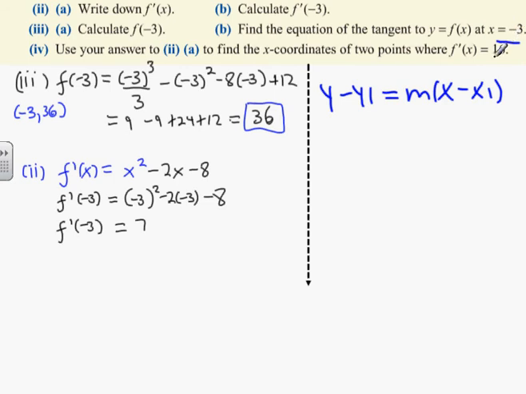You have to have a point. So we have a curve and we're told specifically that the point has to be what? It has to be where x is minus 3. Have we already found out what is the y value when x is minus 3? So what's the y value? 36, okay?